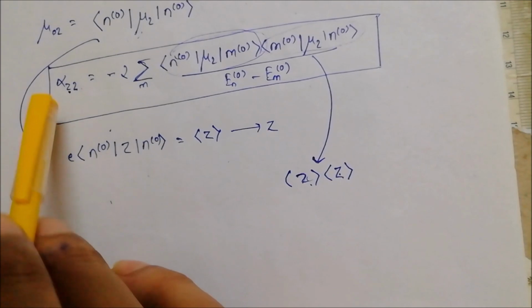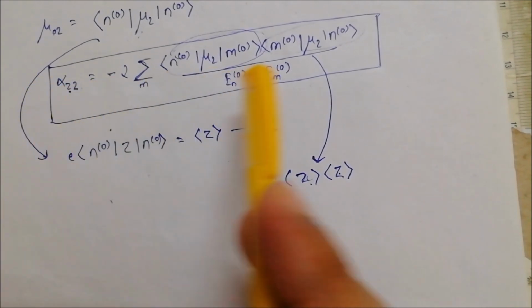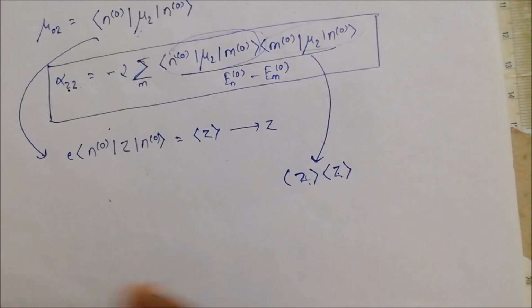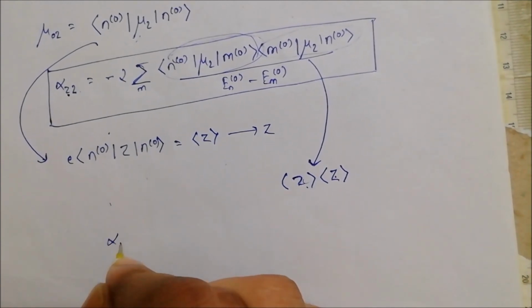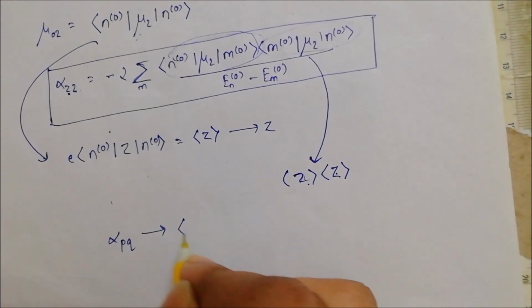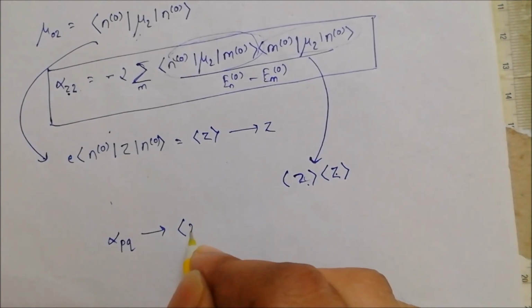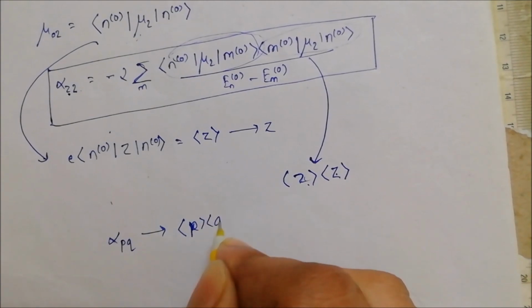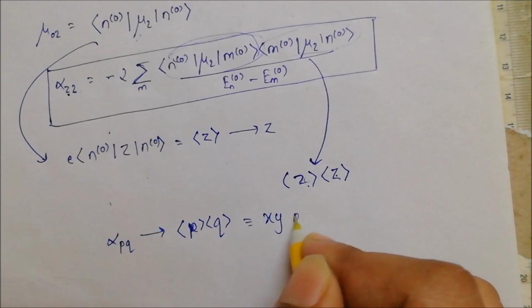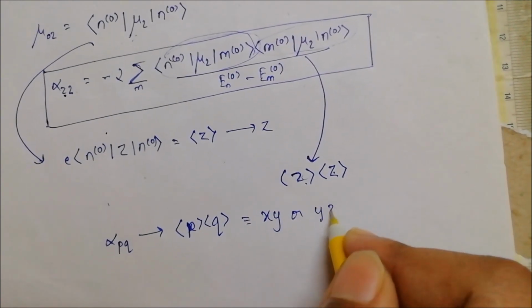Now that we see the polarizability itself gives rise to this quadratic type of expression, any alpha pq is going to transform into something like p and q, like xy or yz.